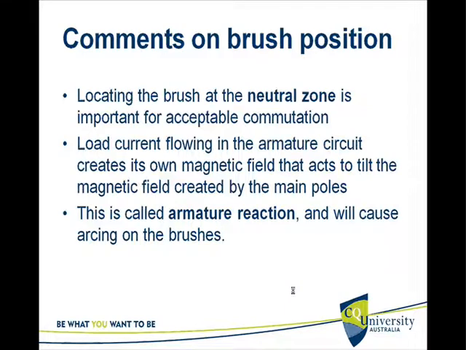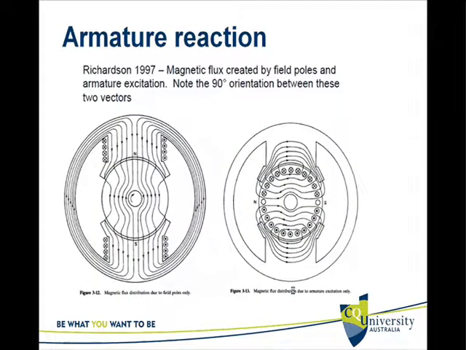But what happens is, when a load current is flowing in the armature circuit, it creates its own magnetic field, because the armature will start carrying currents. So it creates another magnetic field in addition. This is called the armature reaction, and it can cause arcing in the brushes. Why does it happen?